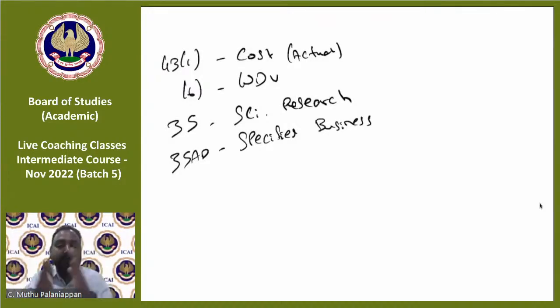I guess around 13 businesses were covered there, which are eligible for 35 AD, where 100% capital expenditure is eligible for deduction in the year it is incurred. In both 35 and 35 AD, the moment you claim this deduction, you are not eligible for any other deduction, including depreciation allowance. This is what we summarized in the last class.